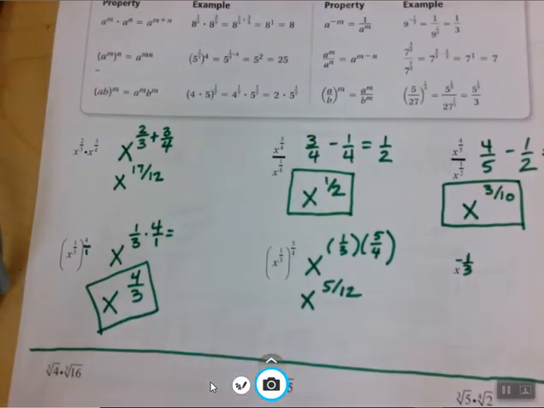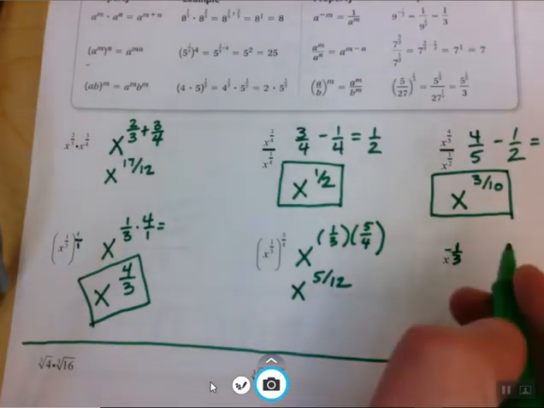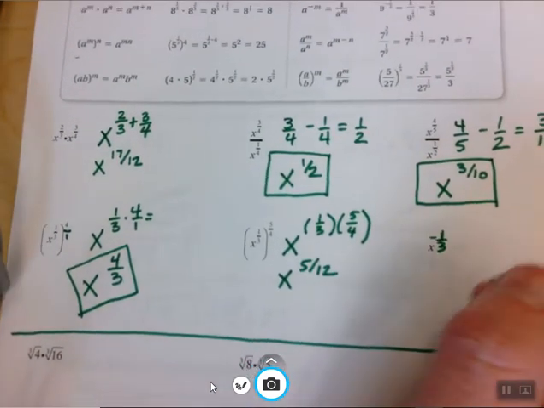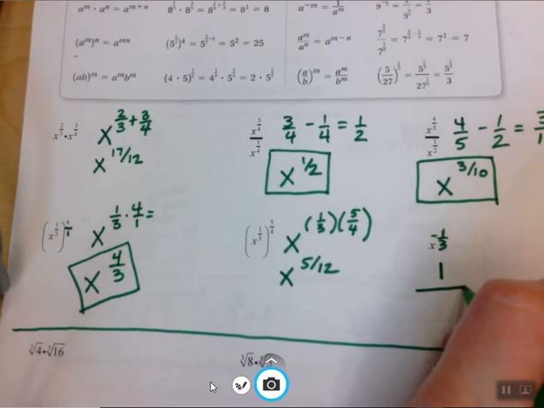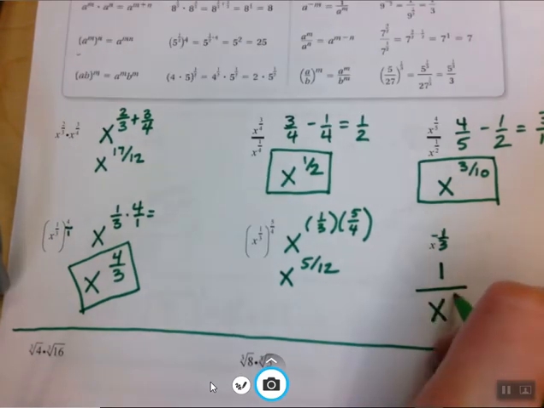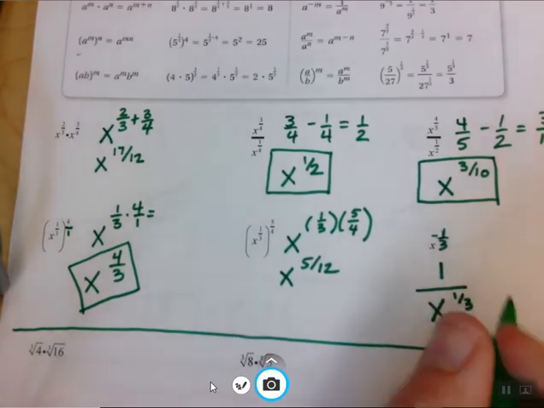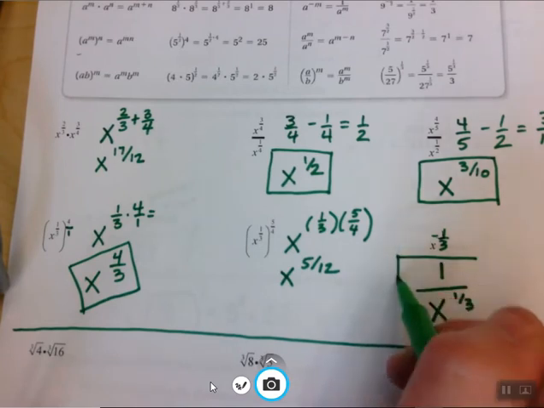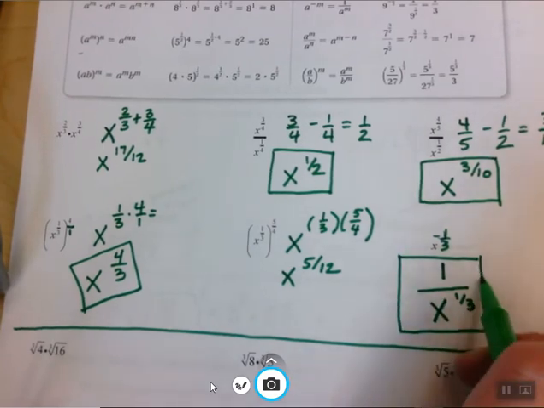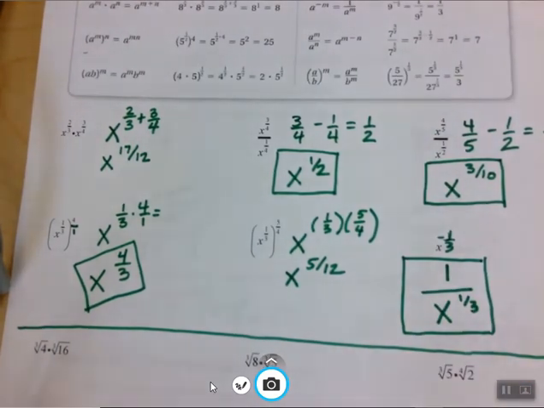And then the last one is tricky. The last one has a negative exponent, so when you do your reciprocal, put the 1 on top, put the x on the bottom, and that's going to change your 1/3 to a positive 1/3. So anytime you have a negative exponent, it switches the part of the fraction it's in, and it turns positive.